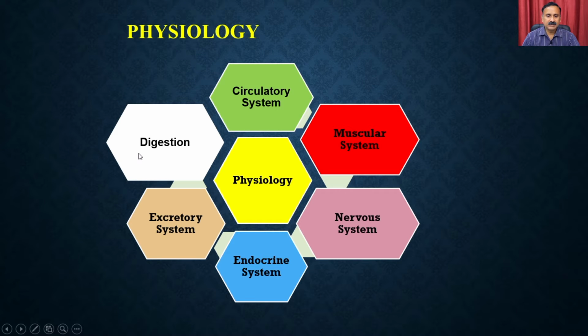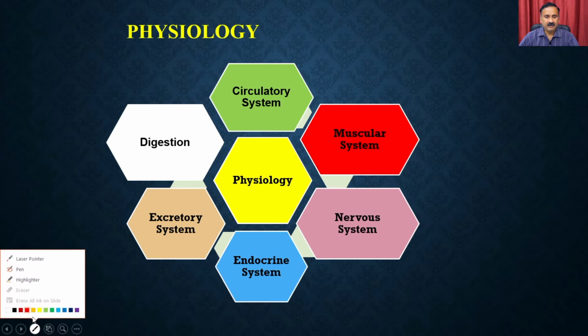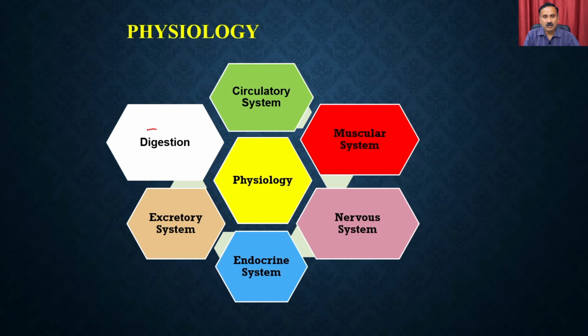So, what we have discussed so far is the digestive system, and in the digestive system we have understood how the complex food material is digested within the alimentary canal and what the different components involved in processing the food from the very crude to the very simple molecules are.